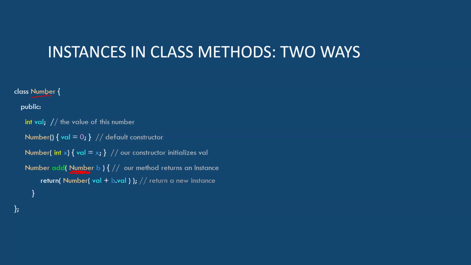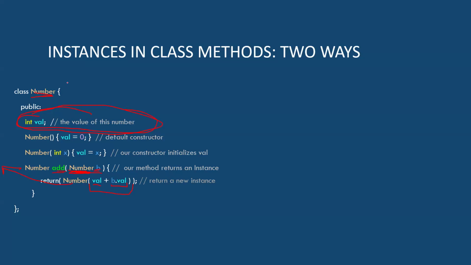In this case, the class is called number. So if I'm a number and I have a value, somebody could pass me another number and I could add that other number to myself, or I could add my value to its value and create a brand new third number that I will return as a result of the addition.